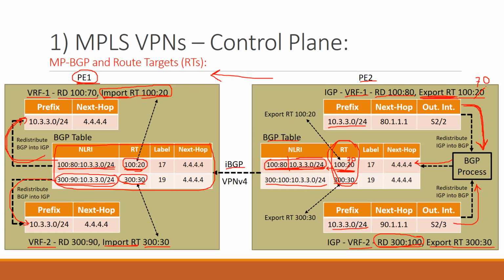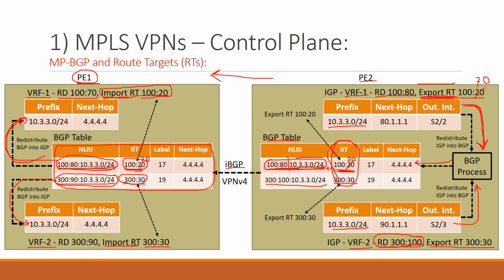So when this BGP table is received by provider edge 1, which is 100, with the export route target 170 here, provider edge 1 wants to redistribute this learned prefix into a specific VRF.